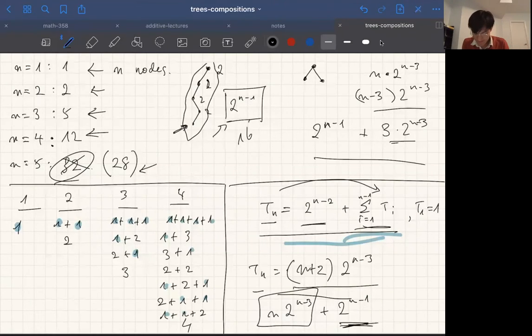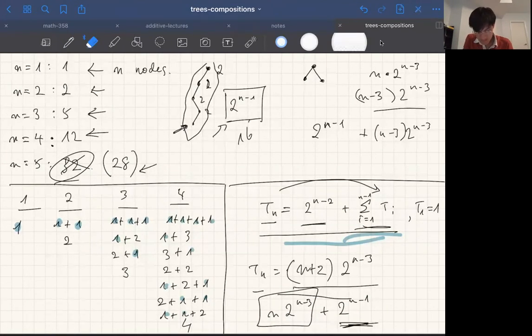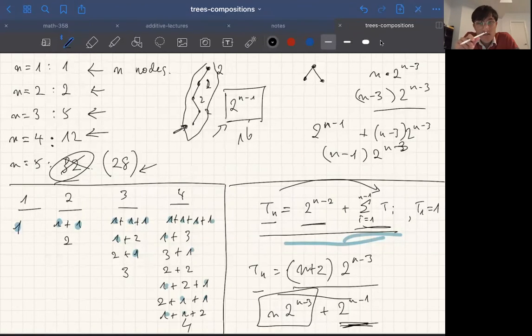That doesn't add up to, oh, that's what I'm trying to say. 2 to the n minus 1 plus n minus 3 times 2 to the n minus 3 would give only n minus 1 times 2 to the n minus 3, which is not right.